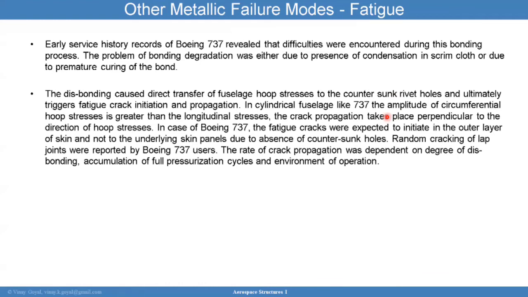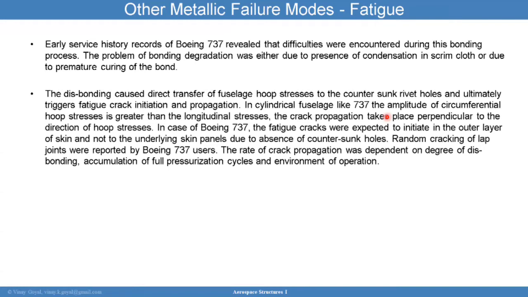Early service history records of the Boeing 737 had revealed that difficulties were encountered during this bonding process. The problem of bonding degradation was either due to the presence of condensation in the screen cloth, or due to premature curing of the bond. The disbonding caused direct transfer of fuselage hoop stresses to the countersunk rivet holes, and then ultimately triggered fatigue crack initiation and propagation.